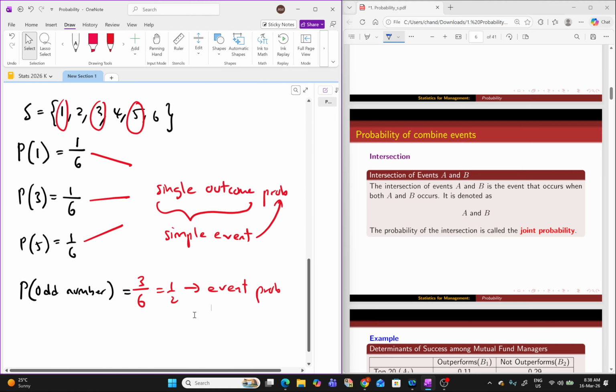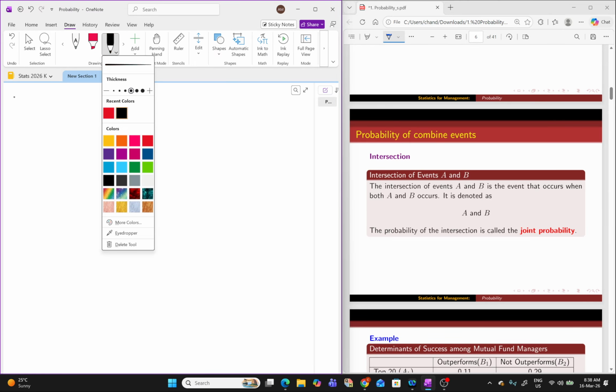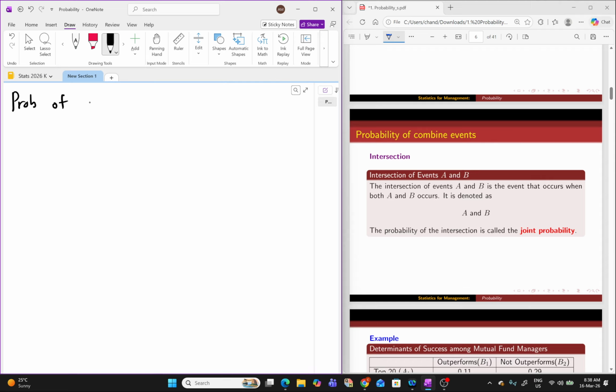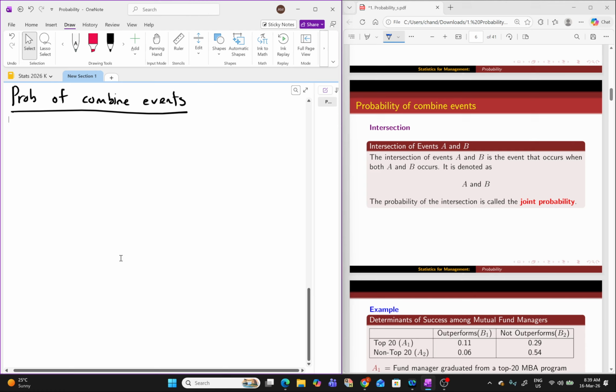Okay, that is some terms. Now let us go to the main part today: probability of combined events. The first type of probability we're going to see is the intersection.